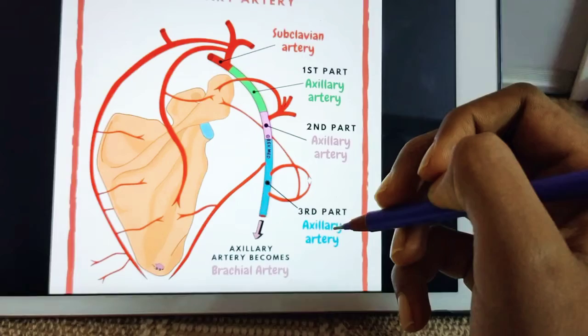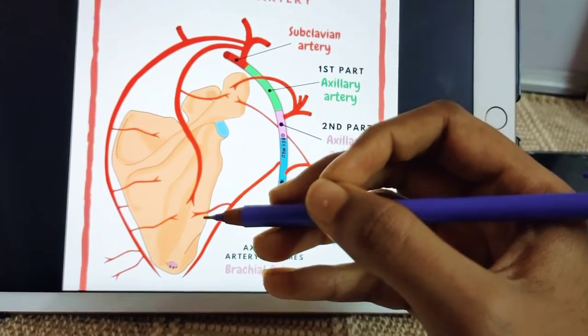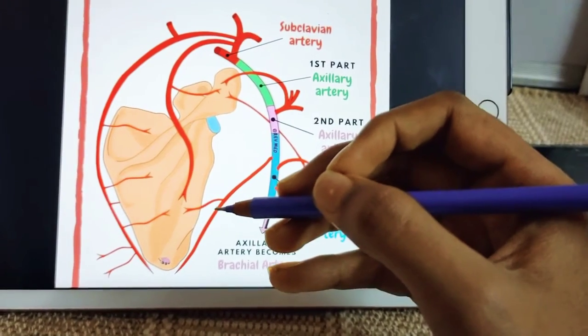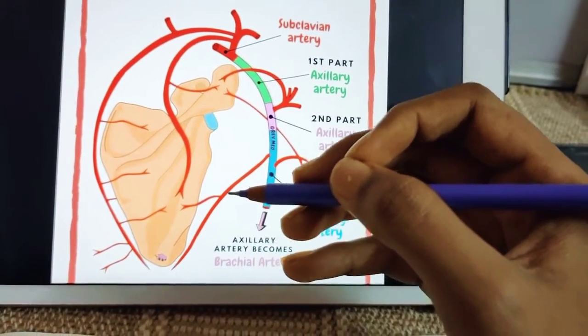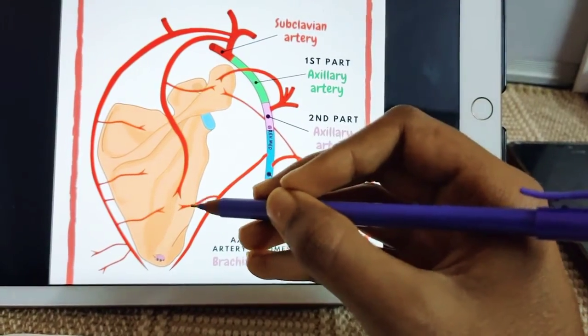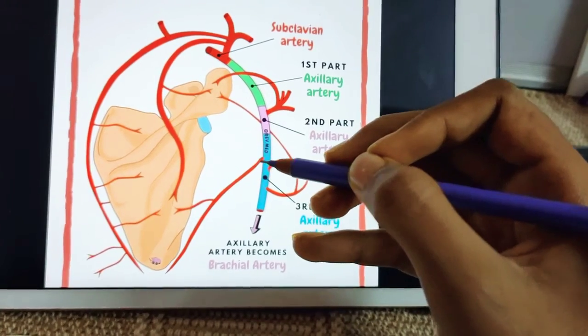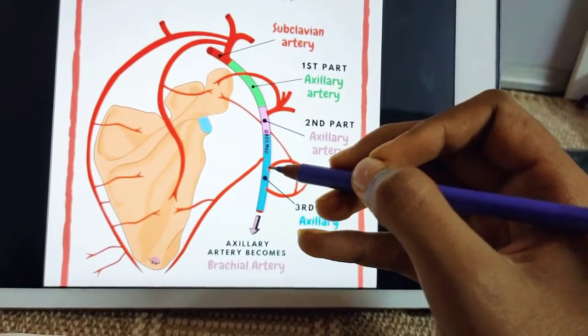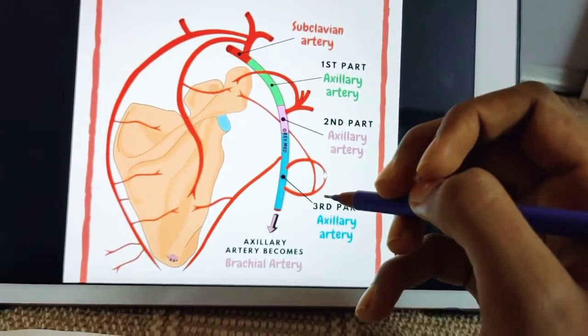From the third part of axillary artery, you get an artery which plays a role over here. That artery is the circumflex scapular artery. That circumflex scapular artery is in turn a branch of subscapular artery, and this subscapular artery arises from the third part of axillary artery. So this is so simple.